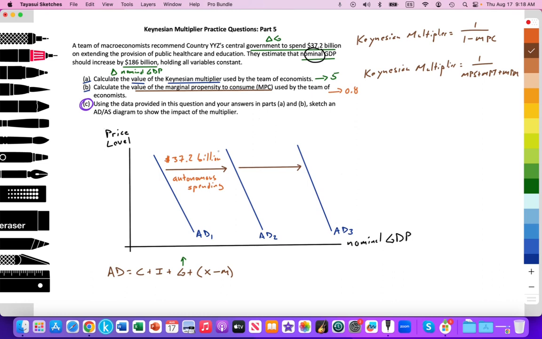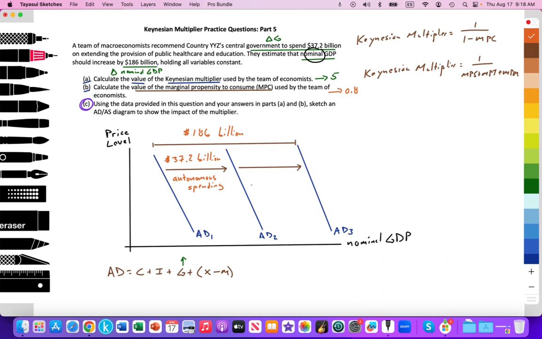And we also have the value of AD1 to AD3. So the total change in nominal GDP is going to be 186 billion. So I'm going to label that. The distance between AD1 and AD3, that total spending, is going to be $186 billion of total spending.